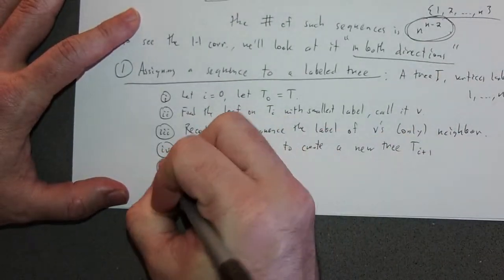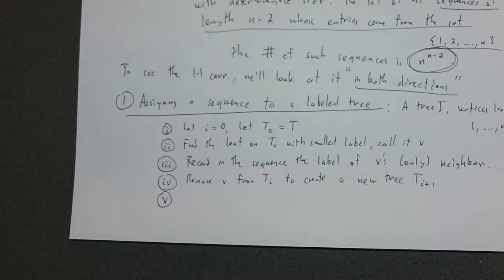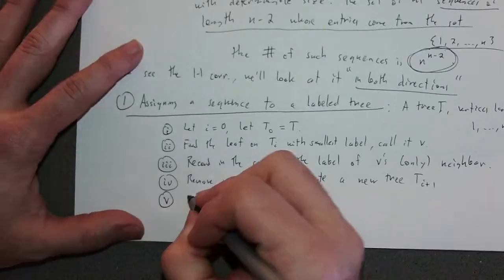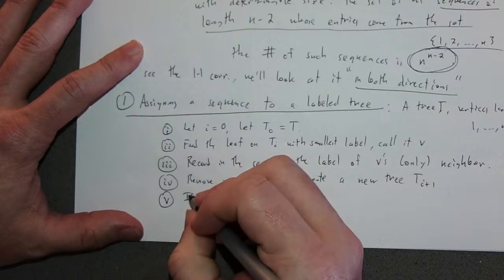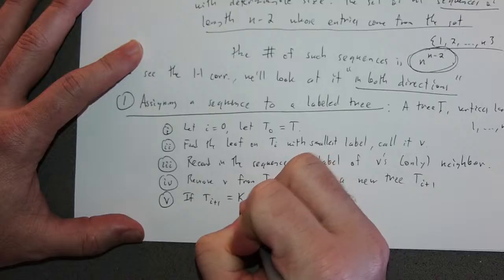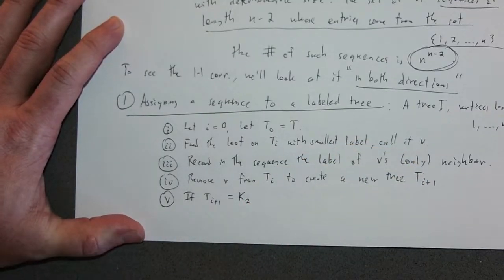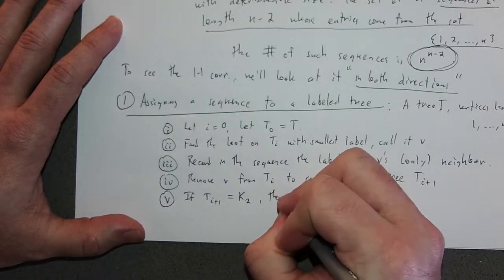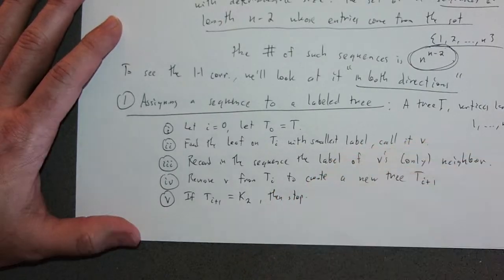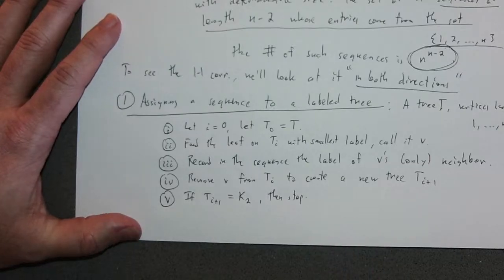It's possible that this was it. At this point, my next tree could be K2. So if T sub i plus 1 equals the complete graph on 2 vertices, just 2 degree 1 vertices, then stop. Otherwise, increment i by 1 and go back to step 2.